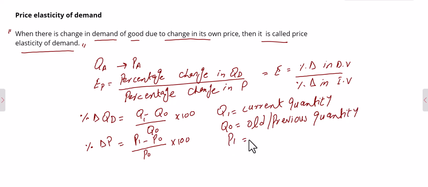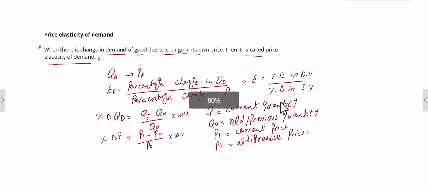Similarly, P1 is the current price, and P naught is the old or previous price.